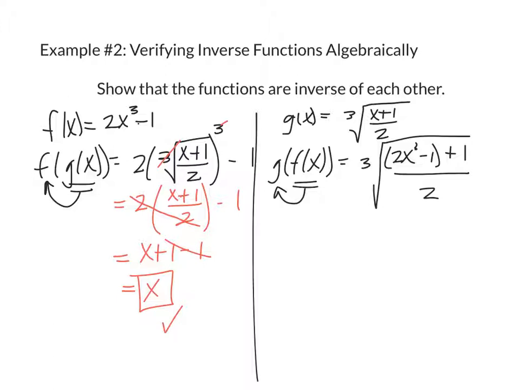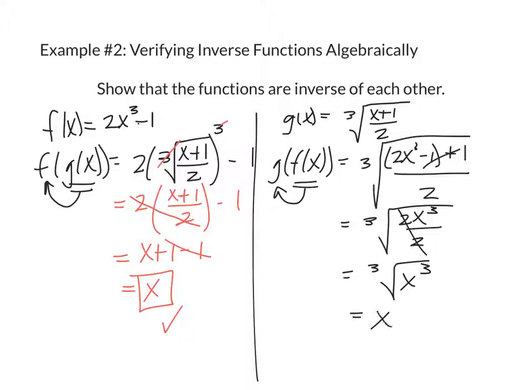Within the function, the plus 1 and the minus 1 go away. So essentially this is the cube root of 2x cubed over 2. The 2's cancel, so this is the cube root of x cubed, and the cube root of anything cubed is itself. So again, it's x, and that's what we wanted.